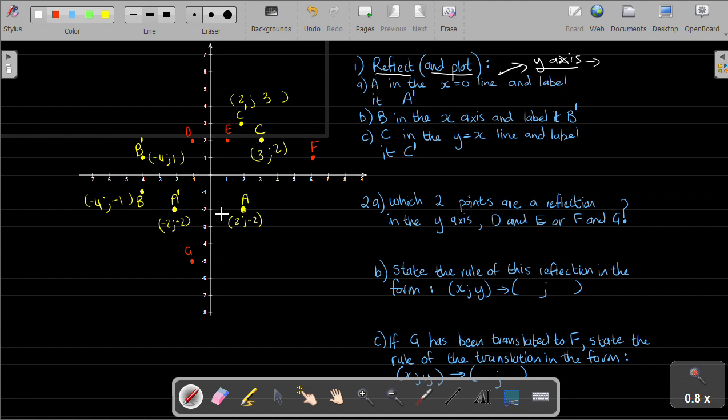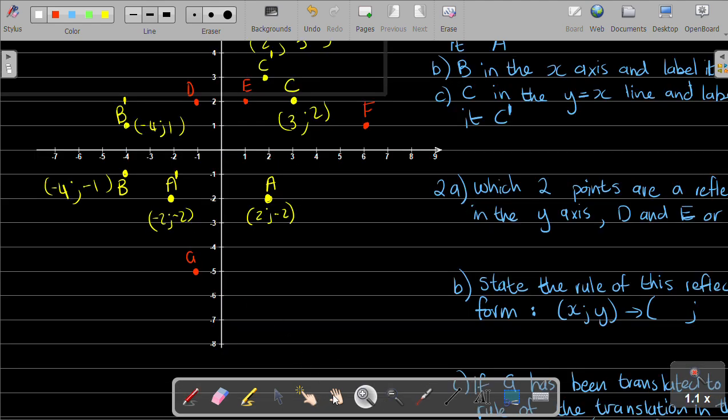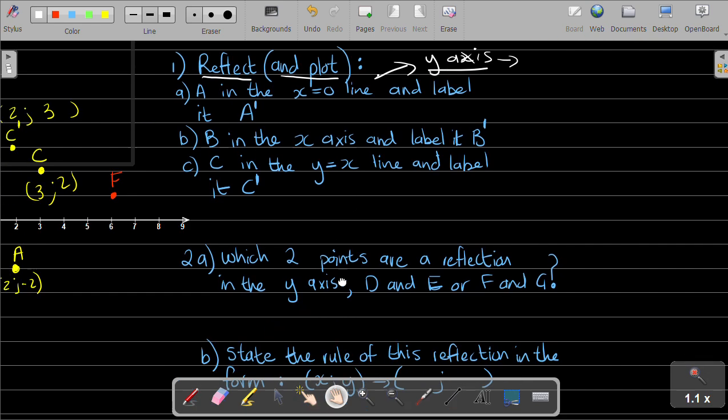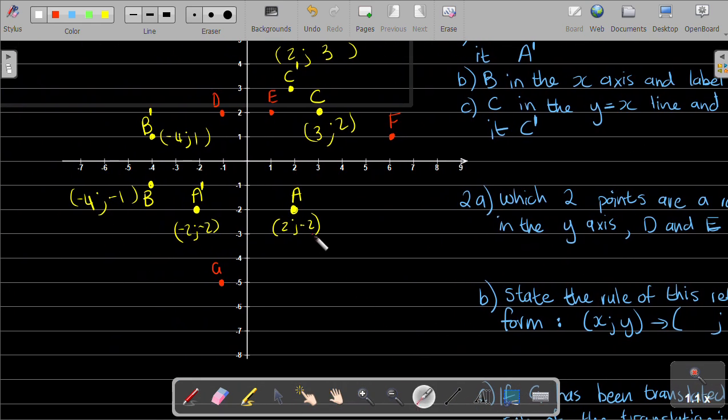So let's have a look. If I'm over here, there's 2 and -2. What did I just say? The y value will stay the same. What's my y value? -2. So my y value stays the same and my x value changes sign.